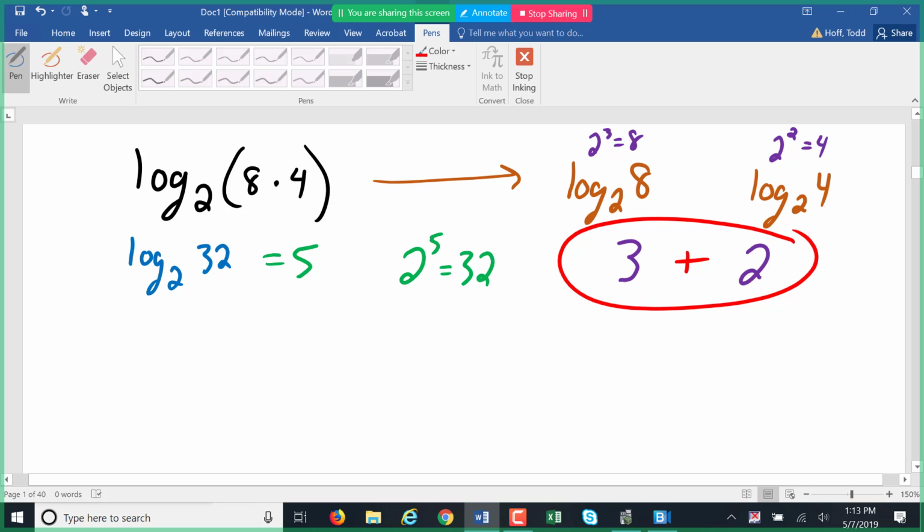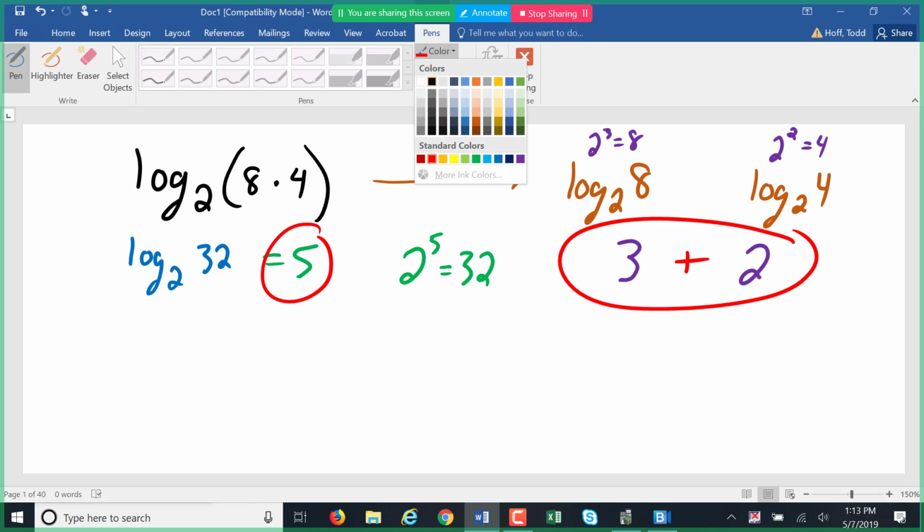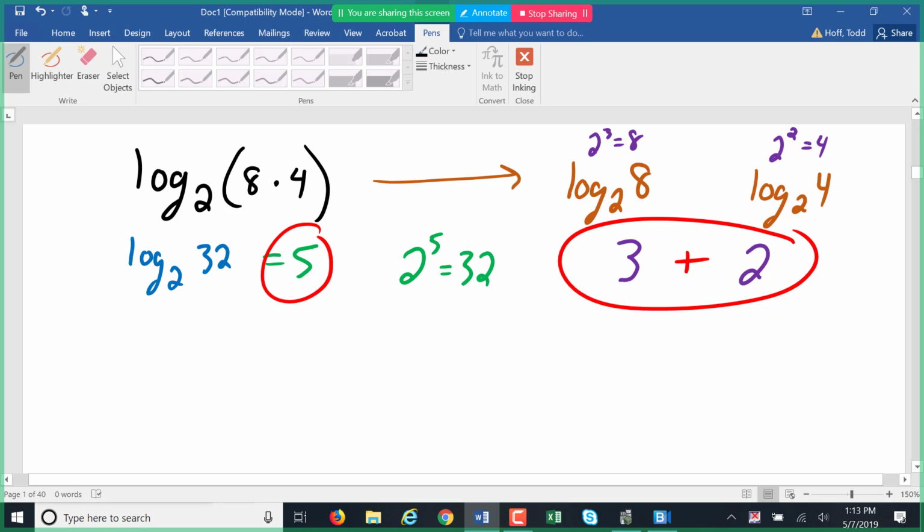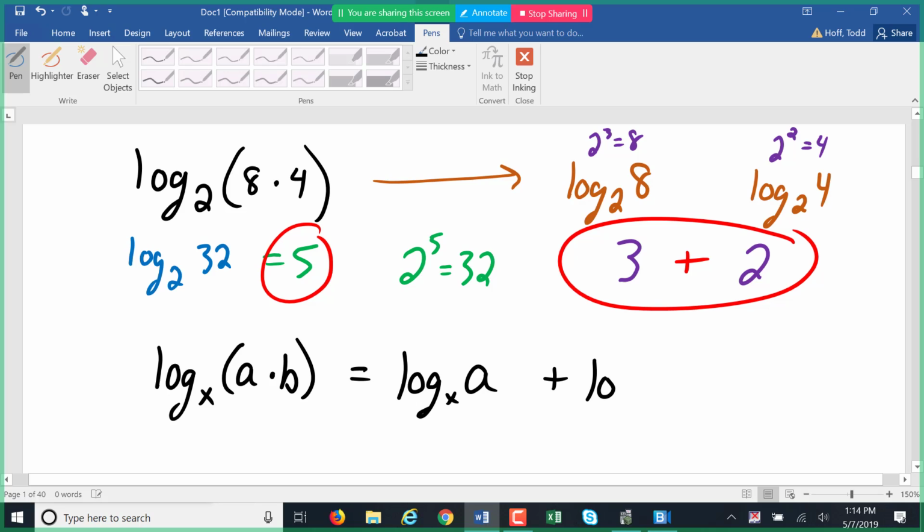If I add 3 plus 2, I get 5. One of our rules for combining logarithms is log base x of a times b is equal to log base x of a plus log base x of b.